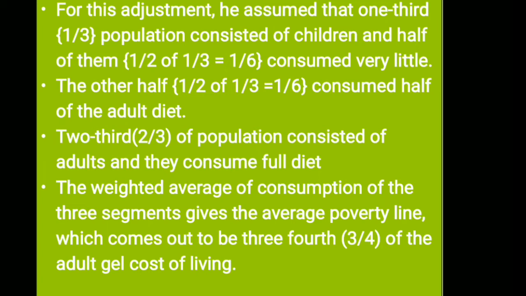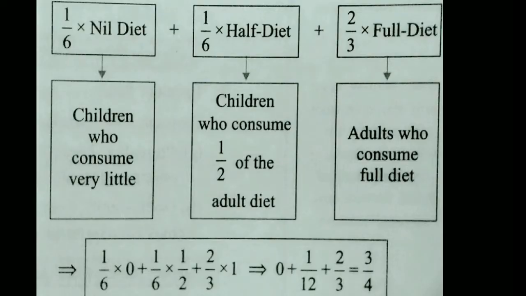When we calculate the weighted average of the consumption of these three segments, we find that 3/4 of the total adult jail cost of living is used. We can further see with the calculation that one third use half of the adult diet, and the other one third use zero or nil diet.